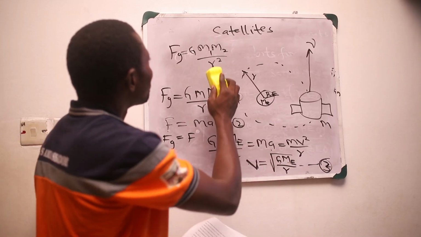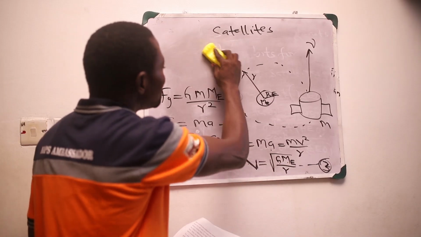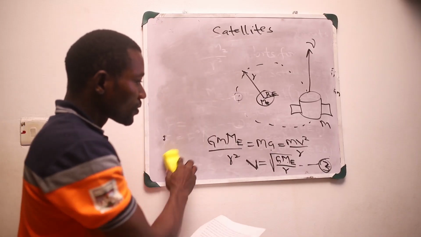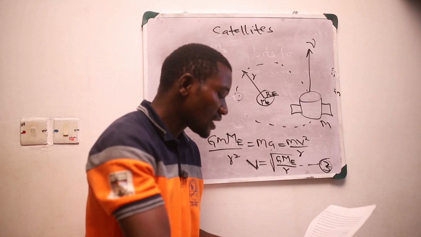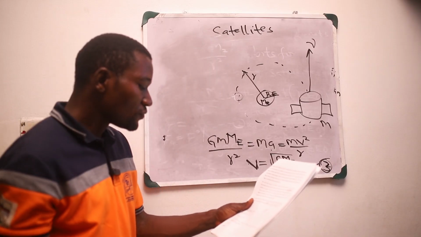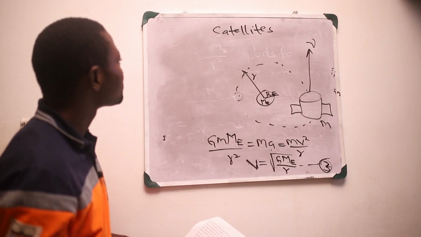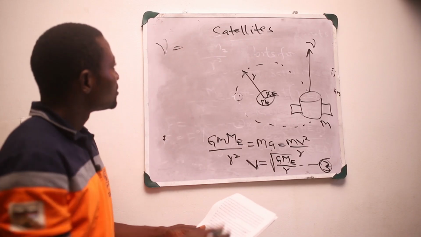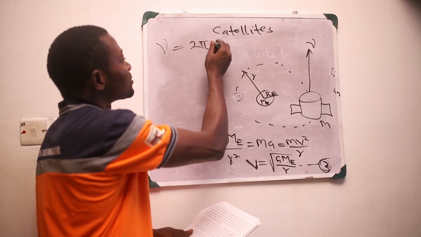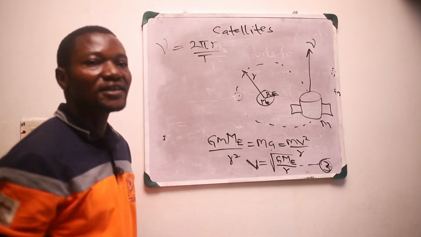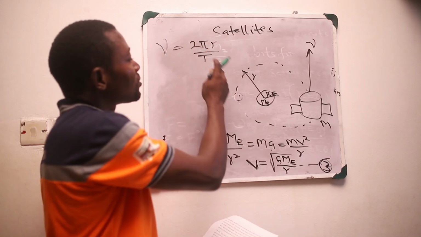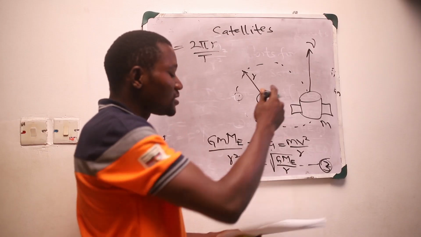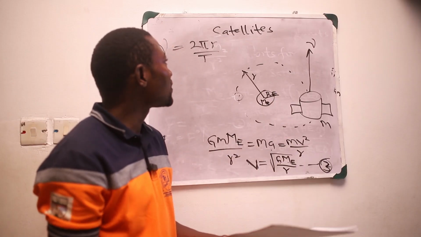Then we want to get the period. We have known the velocity of a satellite moving in a circular orbit. Our velocity is equal to distance over the time. And the distance we are talking about is the circumference of the circle that the satellite has to cover.